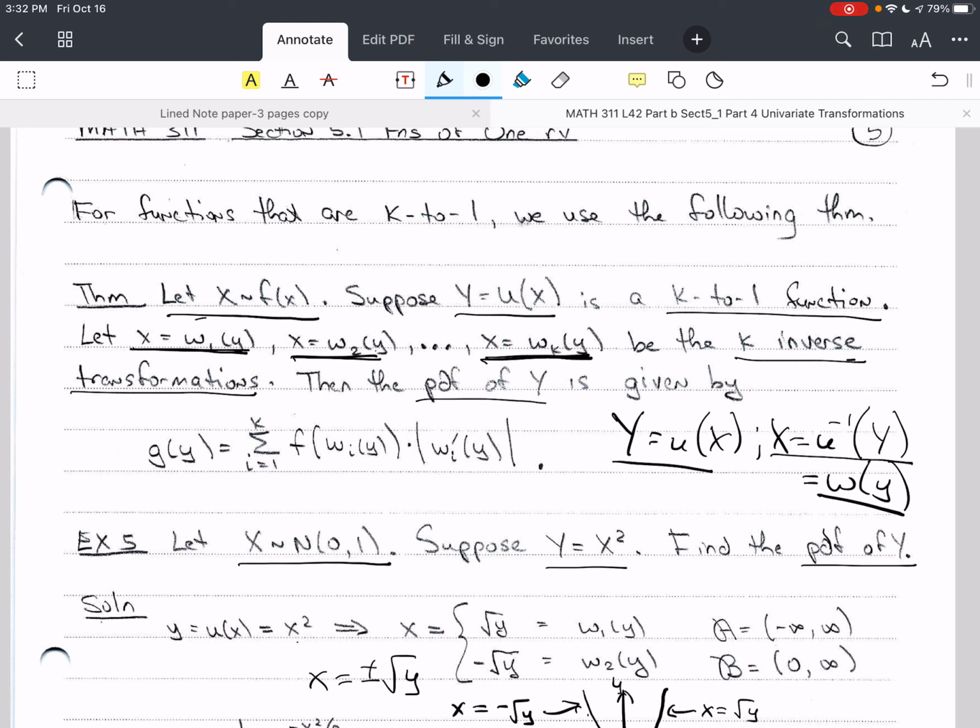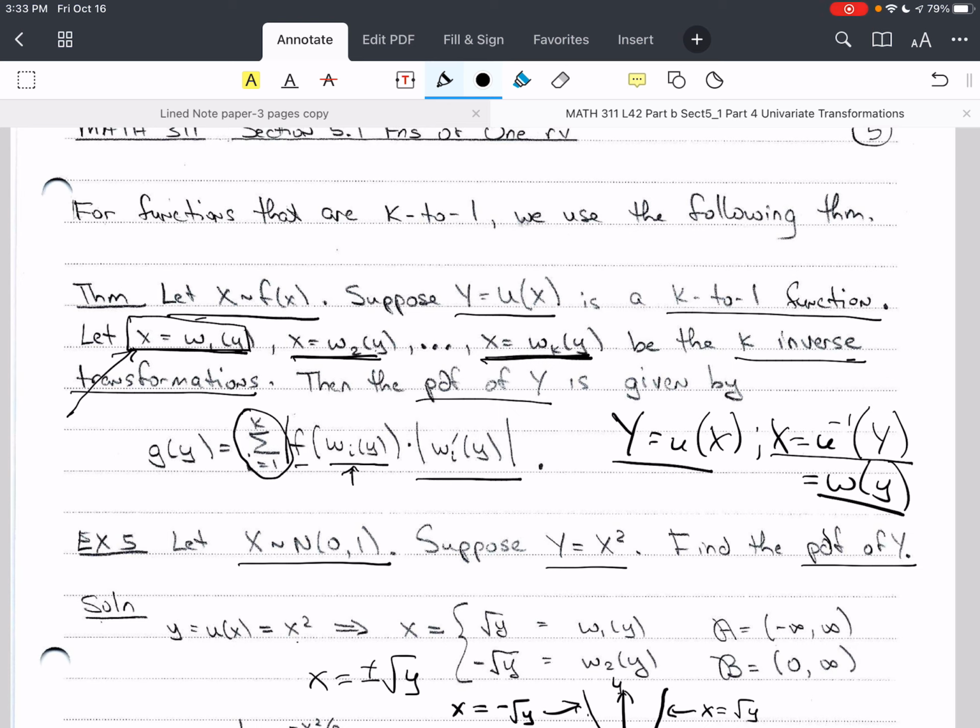So then the PDF of y is going to be the sum of all the transformation theorems. We're going to use our previous transformation theorem on each of these segments. So we'll have k of them, and we will add them together. We take the function f, and in place of x, we put w sub i of y, which is the inverse transformation, x equals that, on whatever range of x where this is true, times the absolute value of the derivative of that inverse transformation.